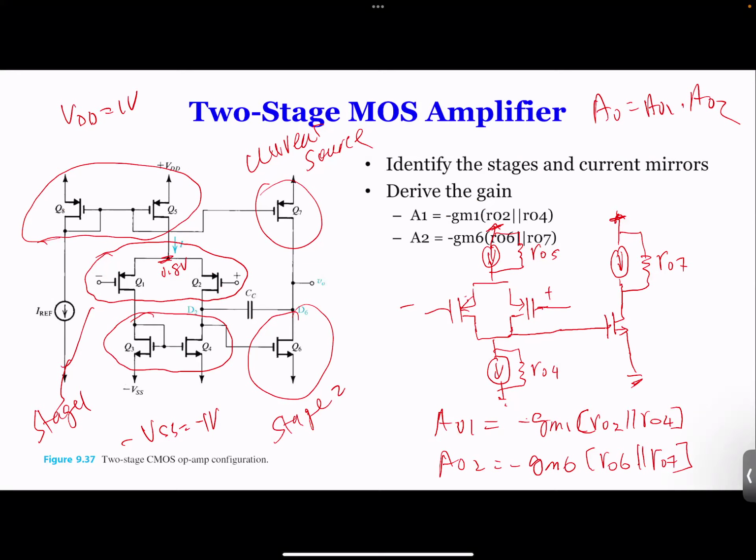For VCM min, what we need to look at is this. If this is too small, what happens? This is too small means too low. This is too low means this thing at your Q1, because this voltage here is fixed. You see, this is -1, right? And for this VGS, we need a minimum of 0.7.